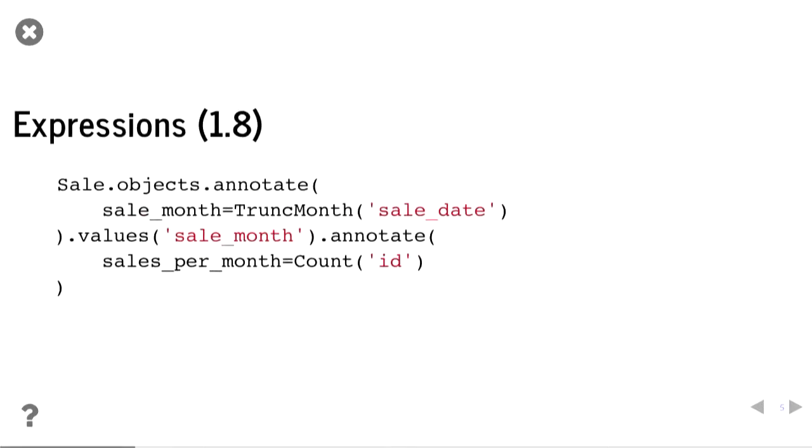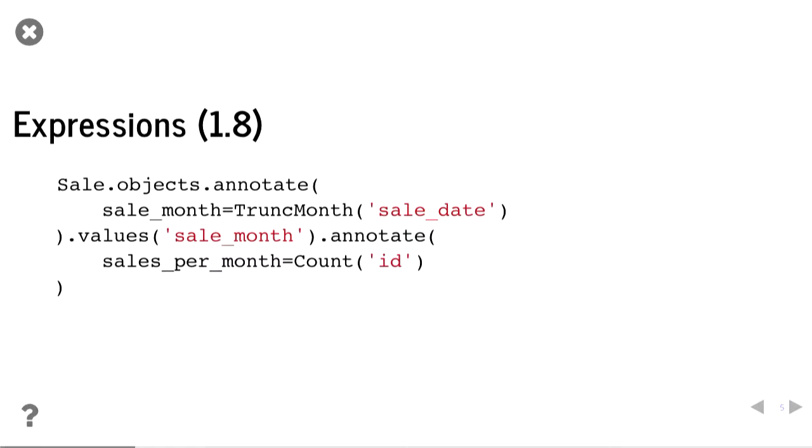Okay, so expressions. In 1.8, we got expressions, and this is the feature that I'm mostly responsible for. There were some helpers along the way, so that was good. But this allowed you to really get in there and annotate ORM queries with new data. So add select fields. You could do complex aggregation, so you could add two fields together.